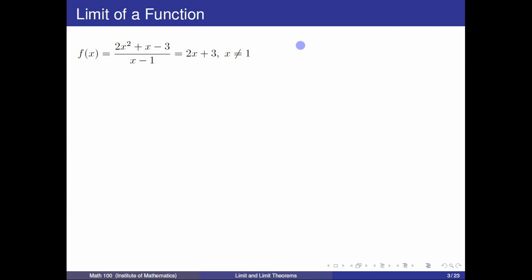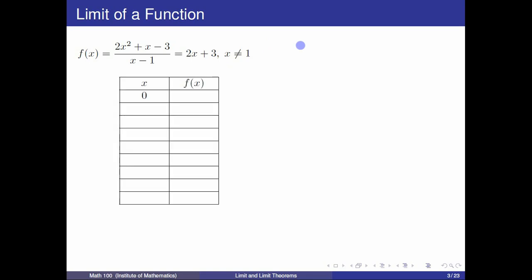Ano daw yung values ni f of x for values of x near 1 but not equal to 1? Let us start with x's near 1 but less than 1. And start with 0. When x is 0, ano ito? It is 3. And then work our way papunta kay 1. So tataas ito, aakyat papunta kay 1.